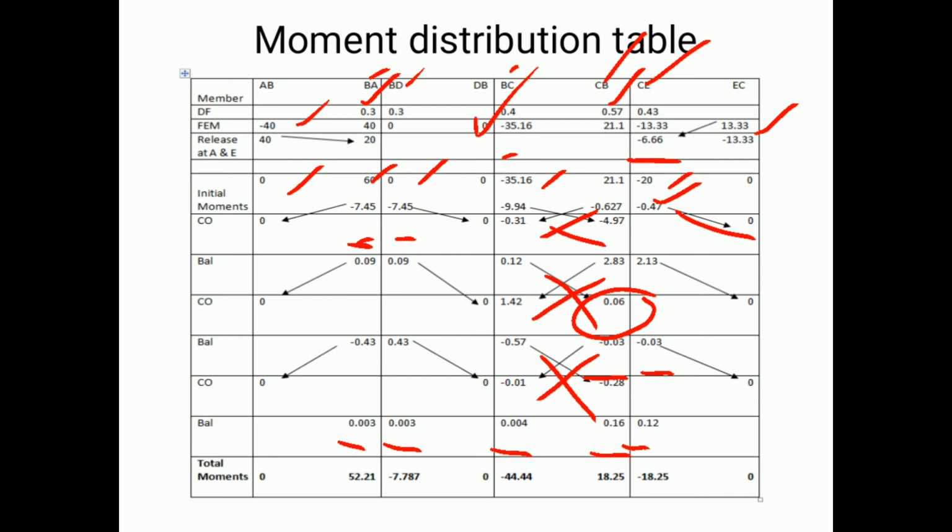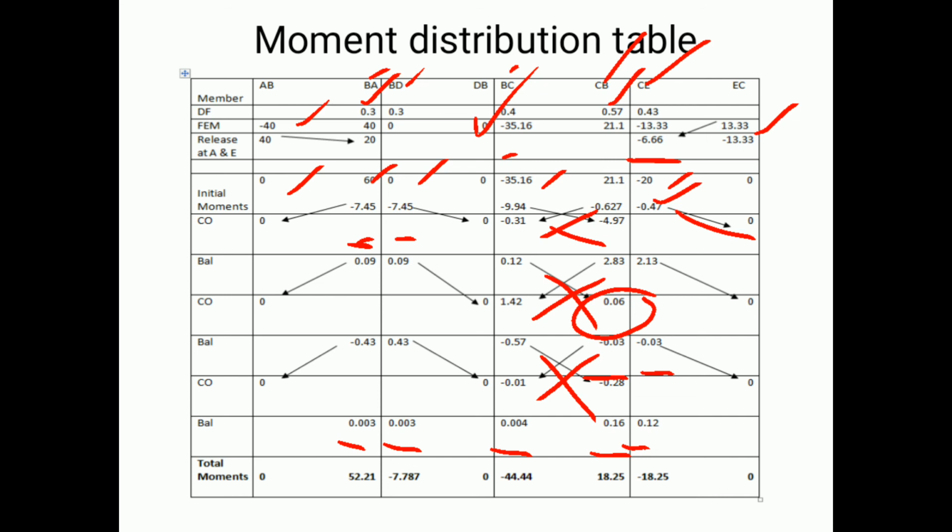So total moment at AB is 0, BA is 52.21, BD is minus 7.787, DB is 0, BC is minus 44.44, CB is 18.25, CE is minus 18.25, and EC is 0.